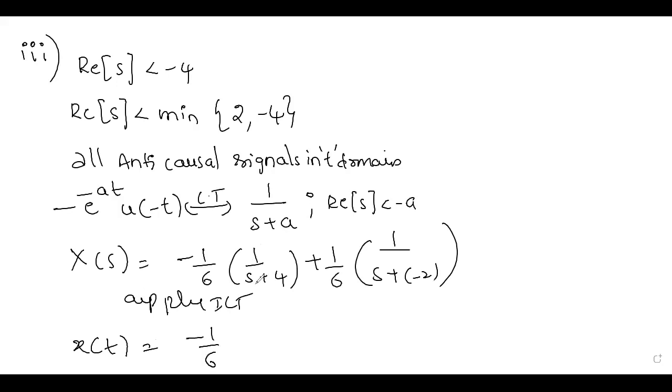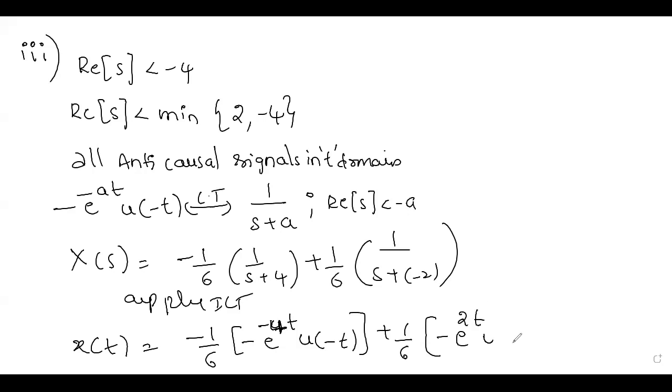Minus 1 by 6, 1 by s plus a. What is its inverse Laplace transform? e power minus 4t into u of minus t, plus 1 by 6 into minus of e power, in place of a minus 2 is there, so that changes to plus 2t u of minus t. This is the corresponding inverse Laplace transform.